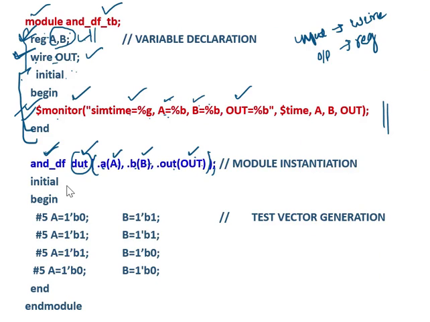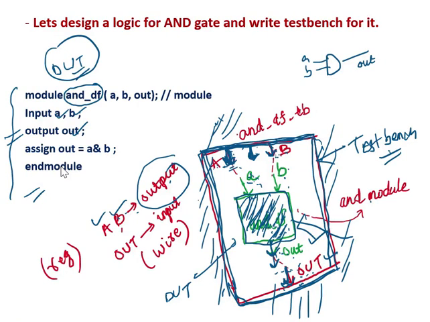You should have the same one, whatever name you have given, capital A, B, out, that has to be inside the small part. Just remember that when you are writing the test bench, these signals have to come here and here, and this signal has to be from your module, okay.